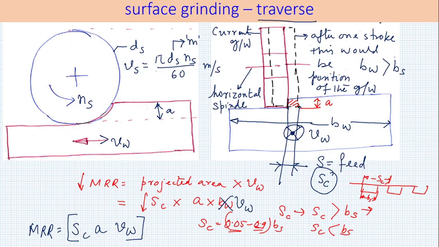That means possibly later on we would have something which would be called vertical spindle. For surface grinding, we have discussed horizontal spindle surface grinding, traverse surface grinding, plunge surface grinding, and we have also discussed groove grinding. And in all of them, I have told you how to calculate material removal rate.